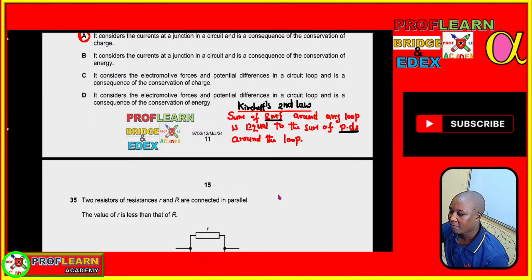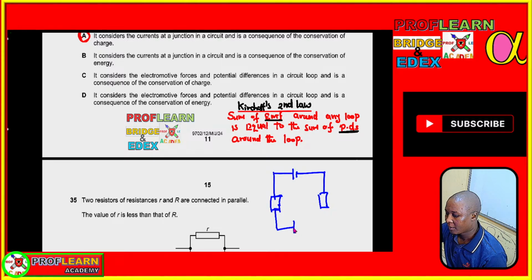So if you have a cell here, and a resistor here, and another resistor at this given point, and another resistor here, when current flows around this continuous loop, the voltage drops here, here and here, if added together, must give you the EMF.